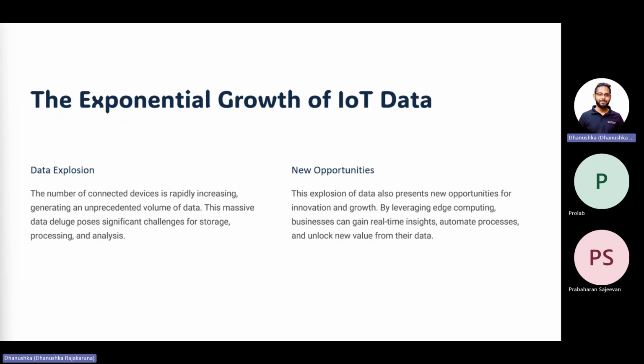The drivers behind the data explosion are smart devices, the rapid adoption of smart homes, wearable devices, and industrial sensors, like the Apple Watch and the Fitbit. Smart watches are wearable devices, and smart glasses are now available.